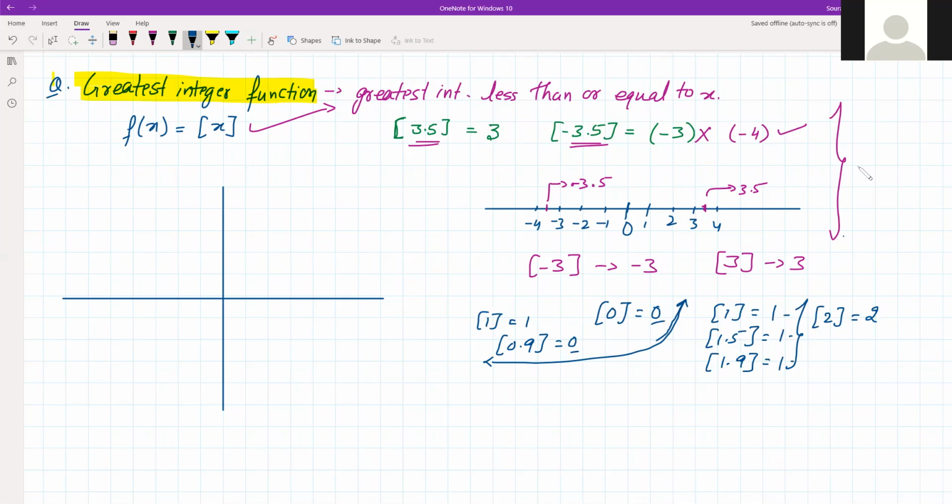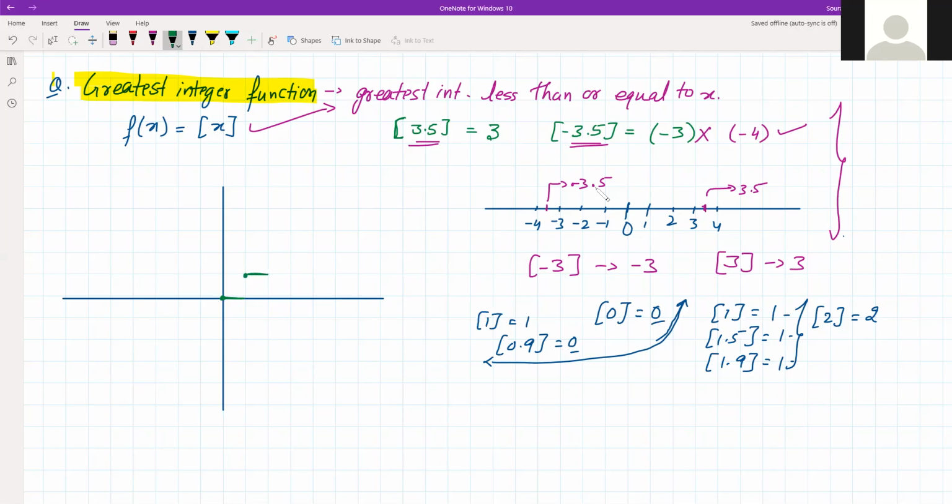So if I have to draw the graph of this function, I know that at 0 it will be 0, and then from 0 to 1 it will be like this, right? And at 1 suddenly it will go and become 1. And from 1 to 2 again it will be like this.